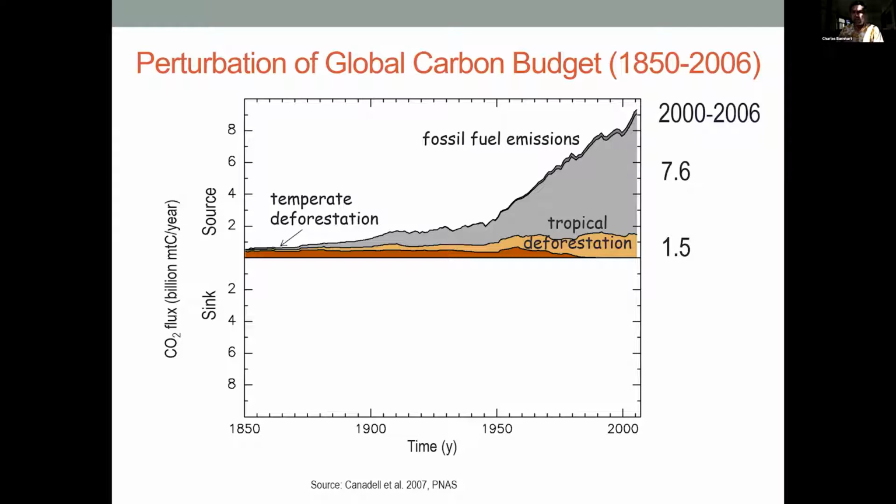All right, so to begin with, let's just look at the carbon budget, where it's coming from. This is a little bit of recap from last time. So here is the perturbation of the global carbon budget for the last 150 years or so. In the way back time, it was mainly just due to cutting down wood and burning it. And then around 1857, oil was discovered and coal was already being burned.